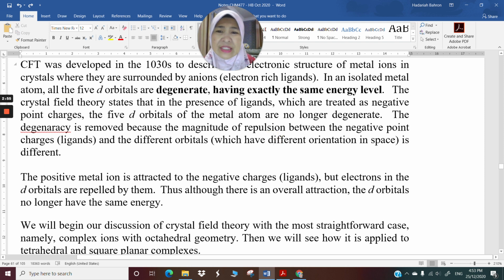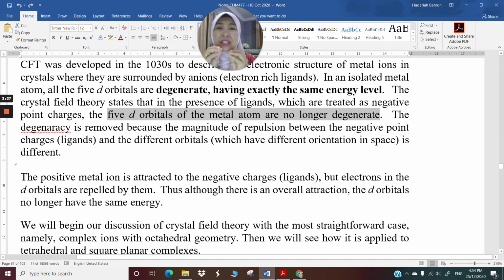Now, crystal field theory states that in the presence of ligands, which are treated as negative point charges, when these ligands approach the metal, the 5 d orbitals of the metal atom are no longer degenerate. The degeneracy is removed because the magnitude of repulsion between the ligands, the negative point charges, and the different orbitals, which have different orientations in space, is different.